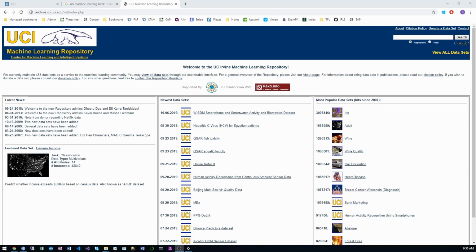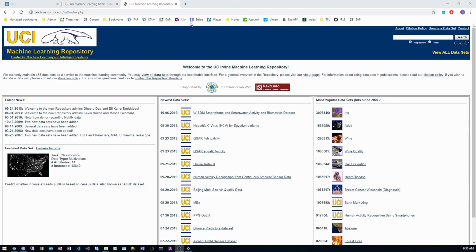The data set comes from the UCI Machine Learning Repository, which is a massive open source collection of data sets that machine learning researchers use in order to test different models. This is a bank data set.